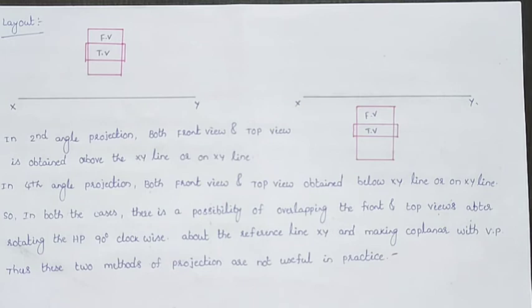Some confusion may occur because the top view and the front view overlap with each other, so these projection methods are not useful in practice. So this is about the first angle, second angle, third angle and fourth angle projection methods.